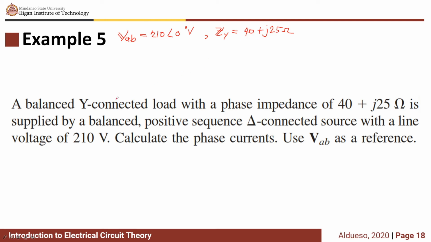Now to solve this problem, to find the phase currents, we need to convert this delta connected source to a Y connected source. So if you have VAB equal to 210 angle 0, the phase voltage VAN is equivalent to 210 over square root of 3, and then you subtract the angle by 30.